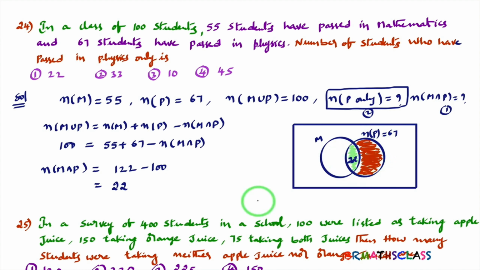So the number of students who passed physics only, you will get as the full 67 minus this intersection part. 67 minus 22 is 45. So the number of students who passed physics only is 45.